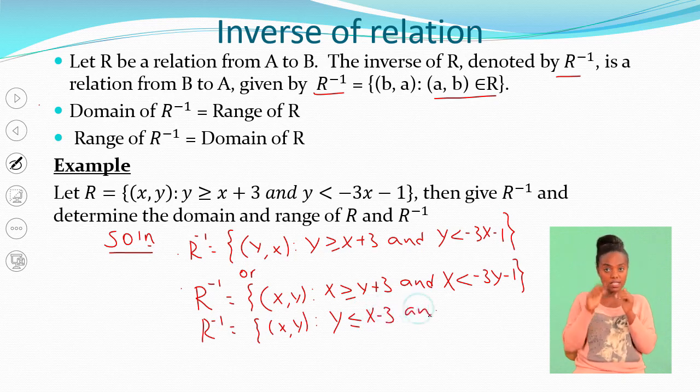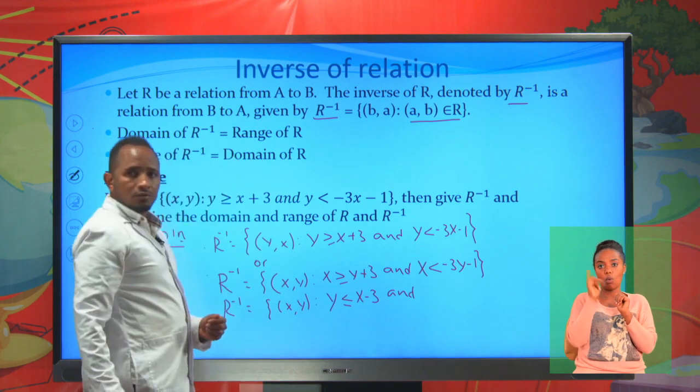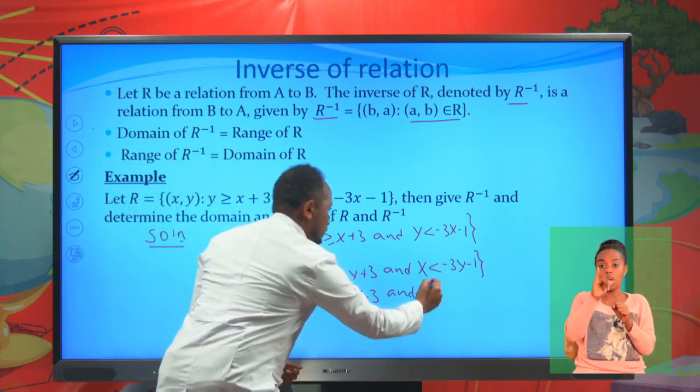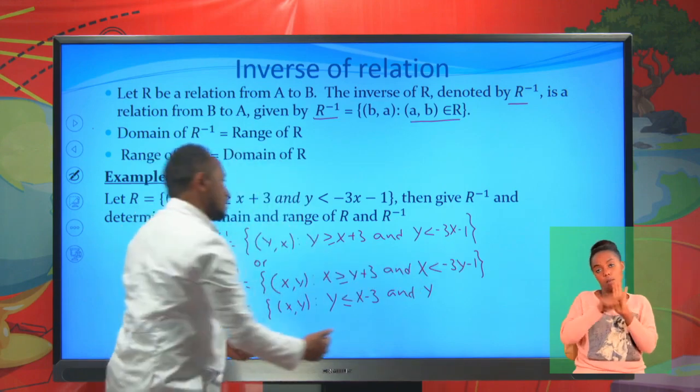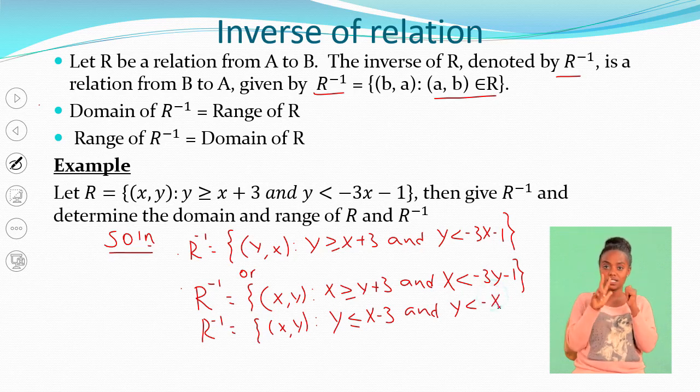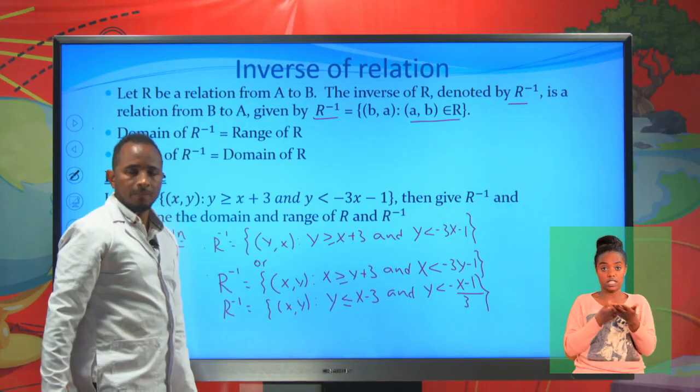And solve for y here: taking minus 3y to this side, you will have positive 3y. So y is less than, taking x to the other side, minus x minus 1, divided by 3. So that's the R inverse.